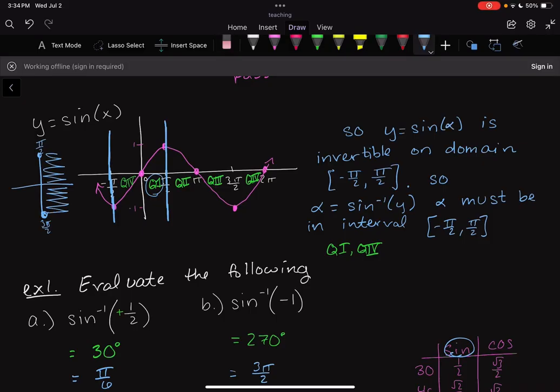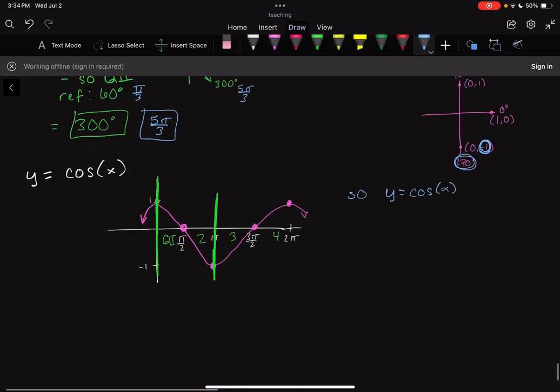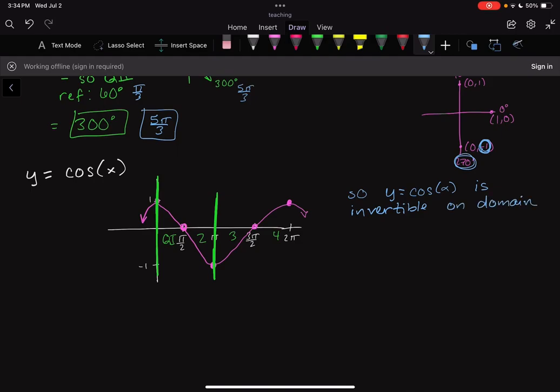In this case, my x is my angle, so I kind of wrote those interchangeably. So y equals cosine alpha is invertible on the domain, or interval if domain scares you, 0 to pi.